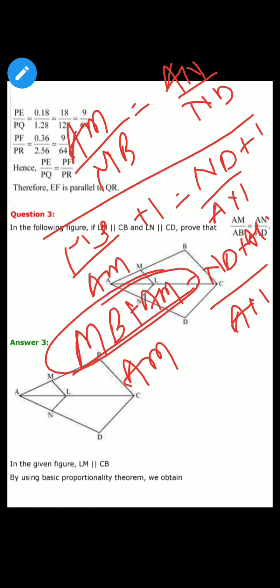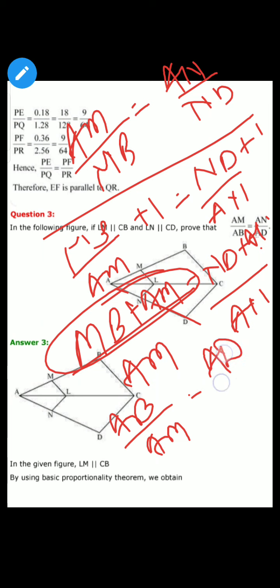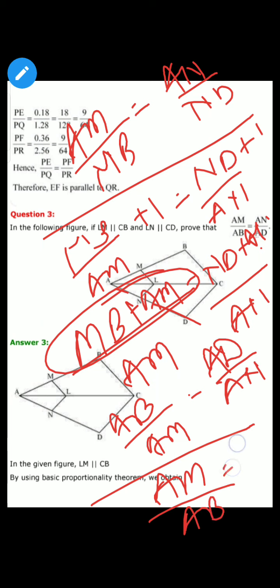Now you tell me, MB plus AM, that will be AB upon AM. Here ND plus AN, that will be AD upon AN. Again reciprocating both sides, you will get the answer AM upon AB is equal to AN upon AD.